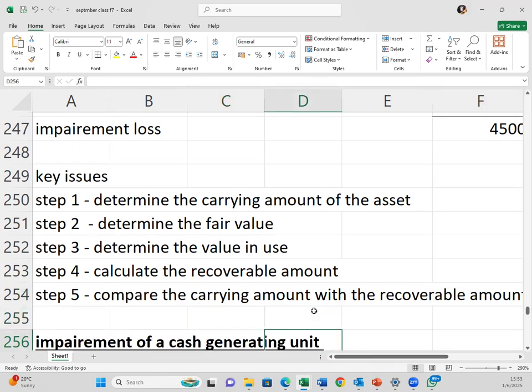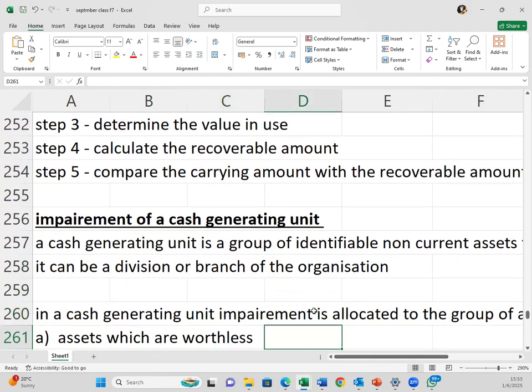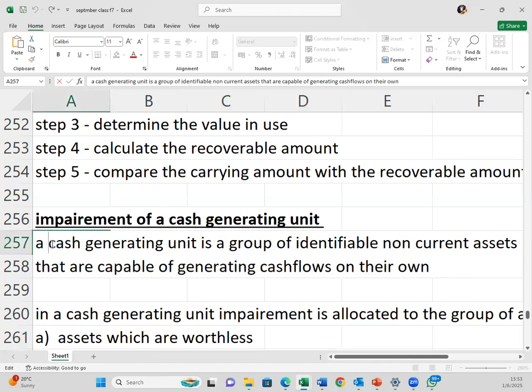Then we also did move on and talk about the impairment loss of a cash generating unit, where we have more than one asset. So if it's a cash generating unit, it's a group of assets. We did mention that this is impairment of a group of assets.